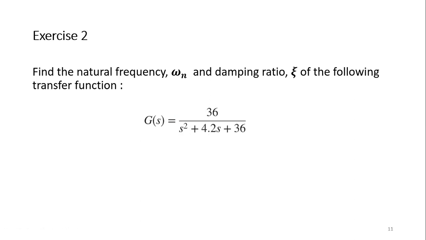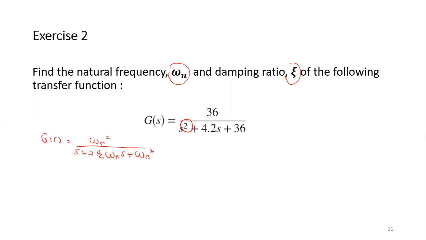So you know that this is a second order system because it has s to the power of 2. And so you know that the general form of a second order system in terms of natural frequency and damping ratio is equal to natural frequency squared over s squared plus 2 times damping ratio, natural frequency s plus the square of natural frequency.